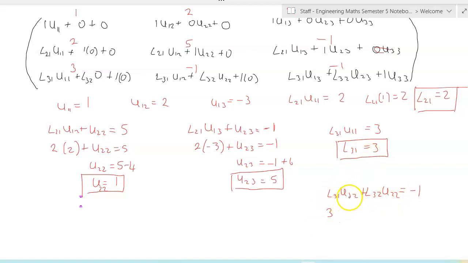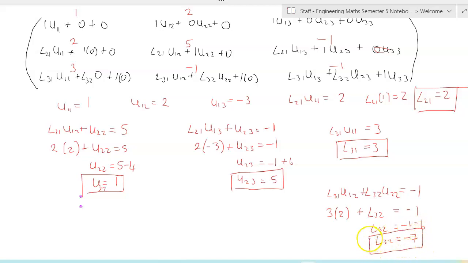U12 at the beginning was equal to 2, times 2, plus L32 times U22. We don't have L32, that's the one we need to find. But we know U22 is equal to 1, so 1 times L32 is just L32, equals -1. So that's 6, so we have L32 equals -1 minus 6 when we bring it across. L32 equals -7. Nearly there.